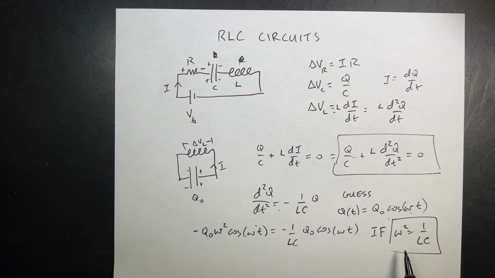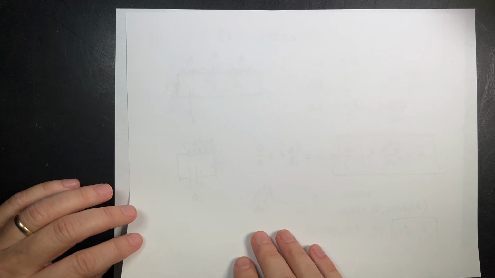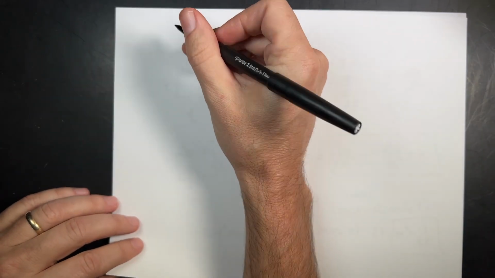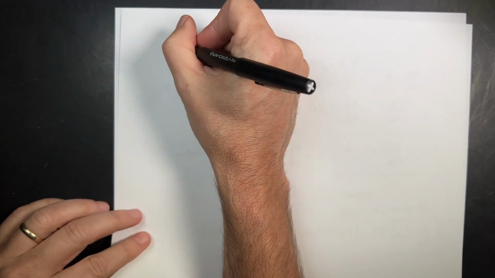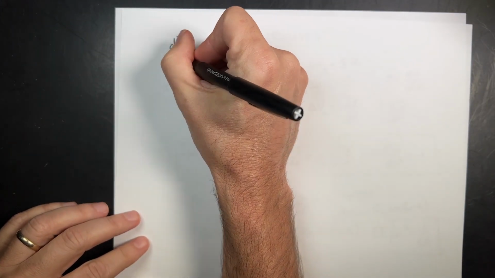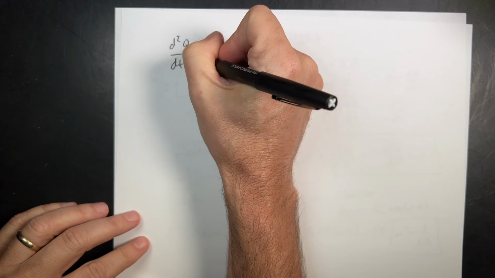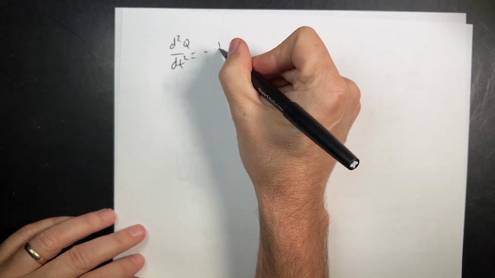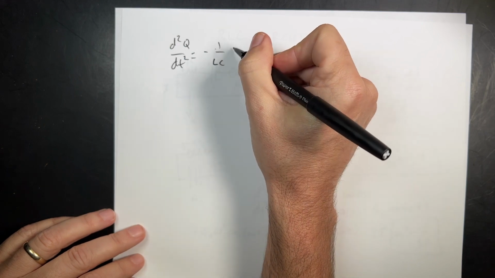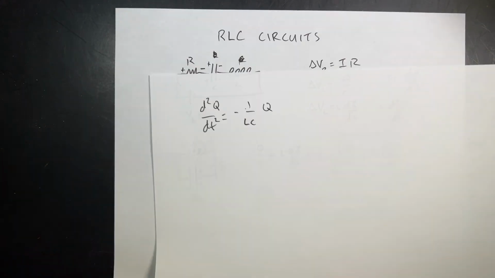Now let's model this in Python, because there's another way to solve differential equations. Suppose that I know this. I'm going to start with that. The second derivative of Q with respect to time is equal to negative 1 over LC Q. That's what I have.